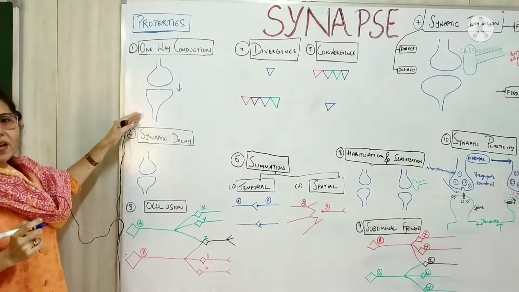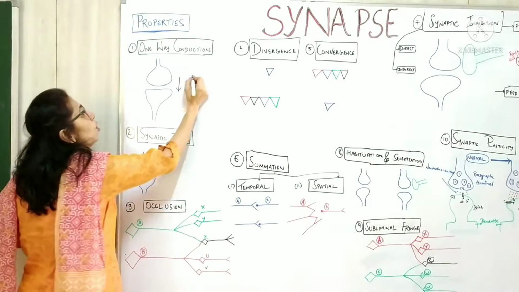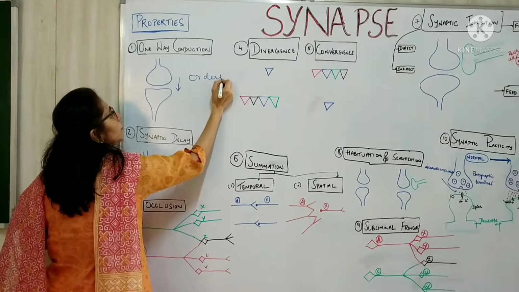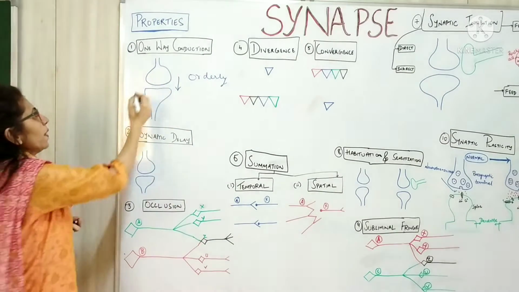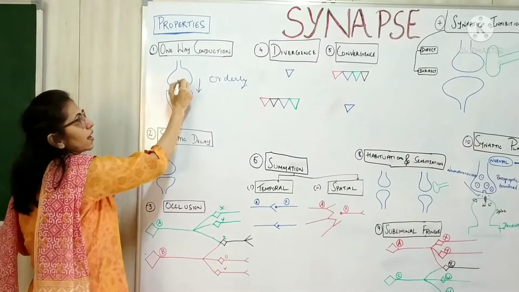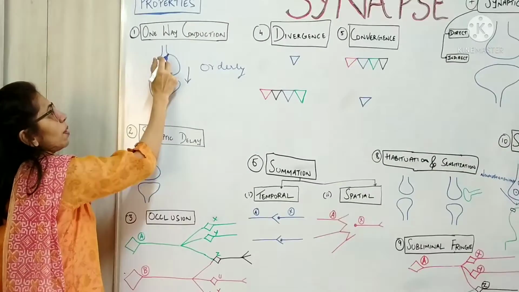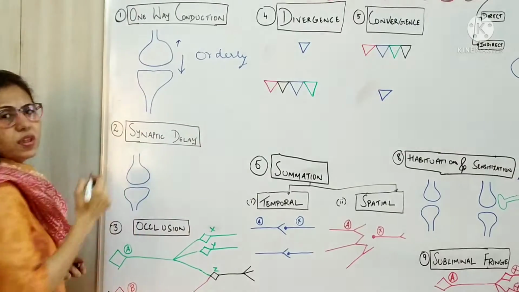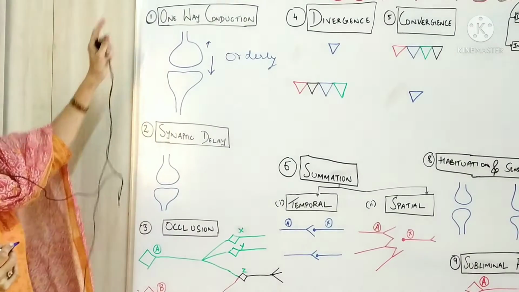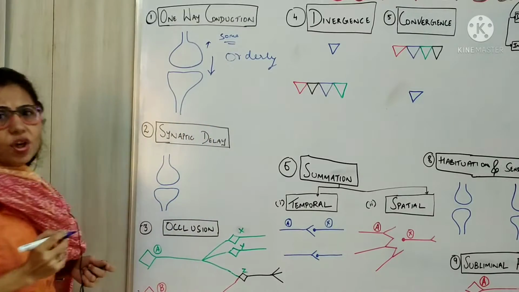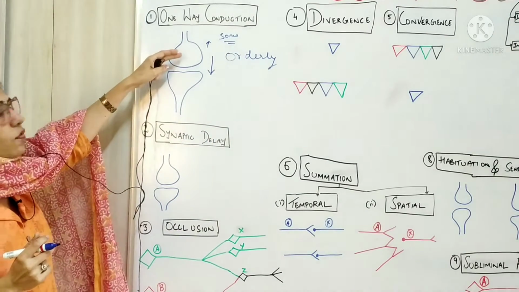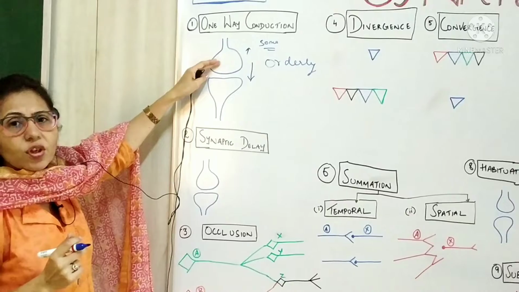This one-way conduction is important because it allows orderly conduction of impulses from the presynaptic neuron to the postsynaptic neuron. If some impulse goes in the antidromic direction, upwards towards the soma, in the soma this impulse will die out.